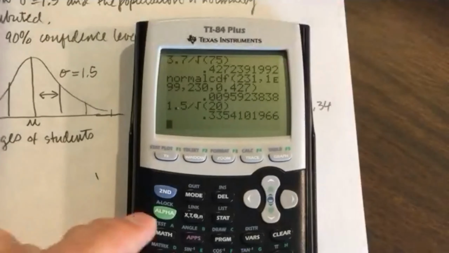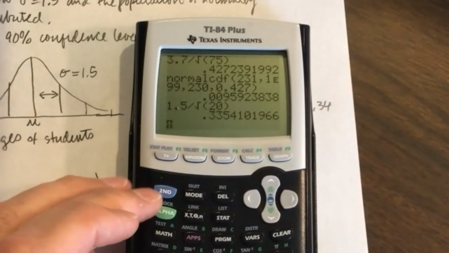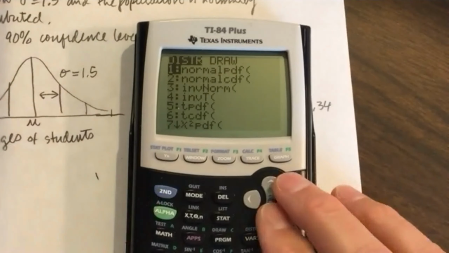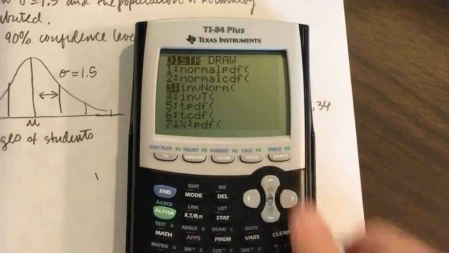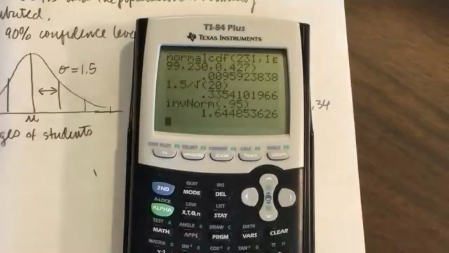So I want the Z distribution. Where is it? Okay, distribution. I want the Z that cuts off, sorry, it was a 90% confidence interval. So I want 95%. So I say 95, and it's going to say 1.645, just like the book did.